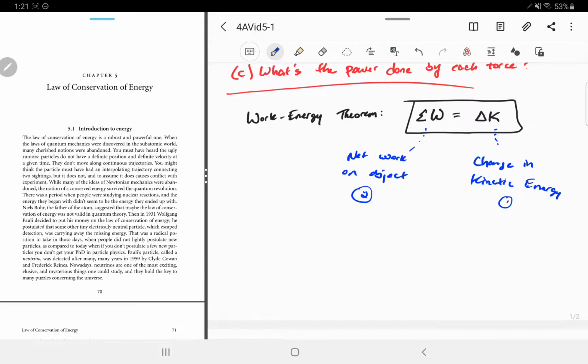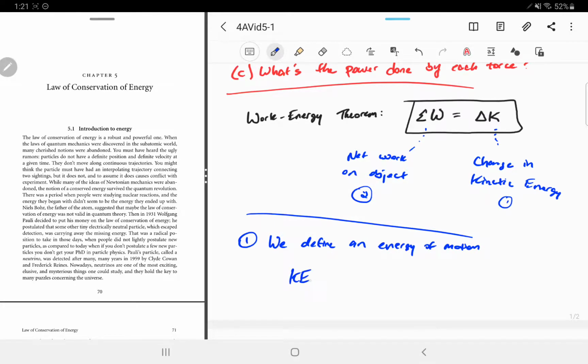Okay, so the first thing. We're going to define something called an energy of motion, called the kinetic energy.